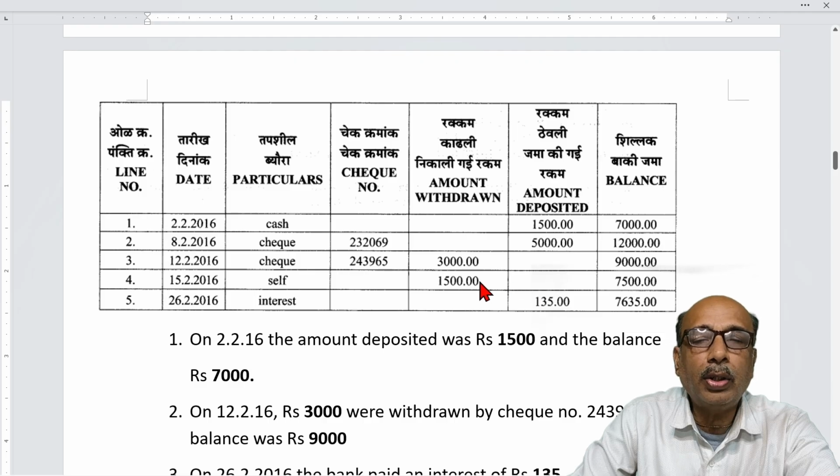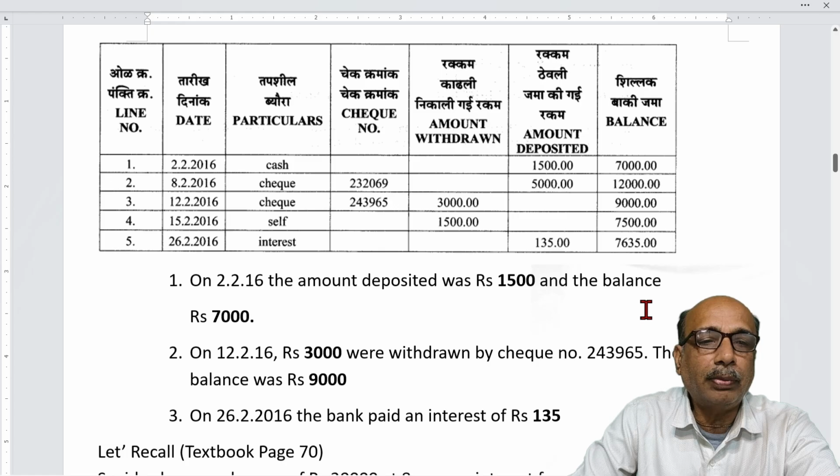Again you have withdrawn self 1500, so 9,000 minus 1500 equals 7,500. But interest is deposited to your account, so it is plus. So 7,500 plus 135 equals 7,635, your balance.